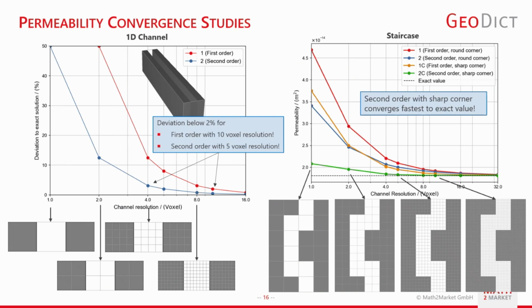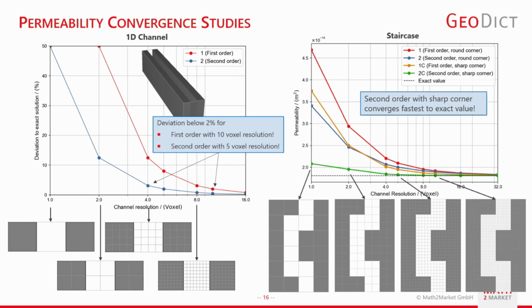You can see that we need much less resolution to get the same accuracy. In the beginning, I said that if you want 2% deviation from the exact solution, you need 10 voxels in diameter. With the second order, you just need 5, so just half of it.